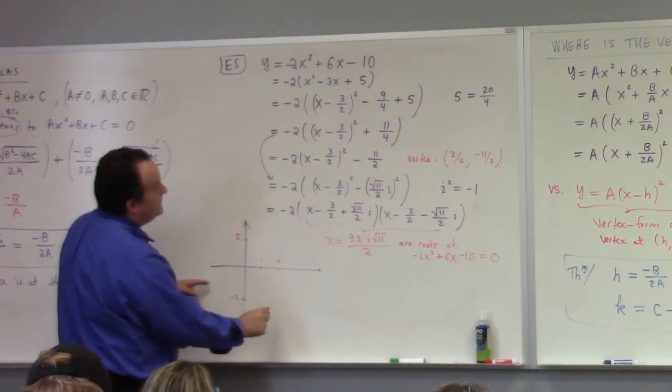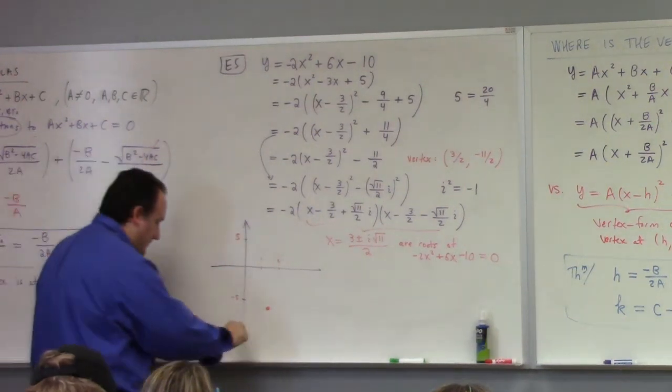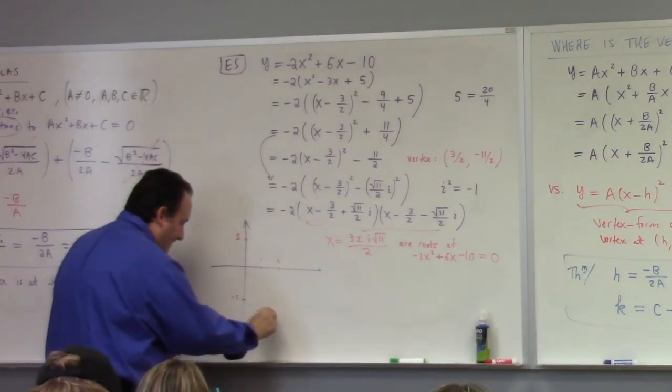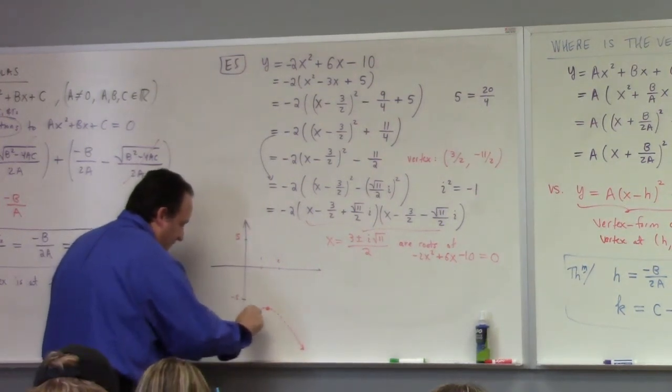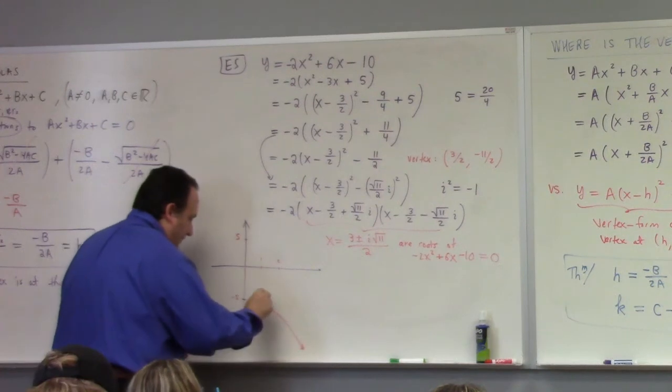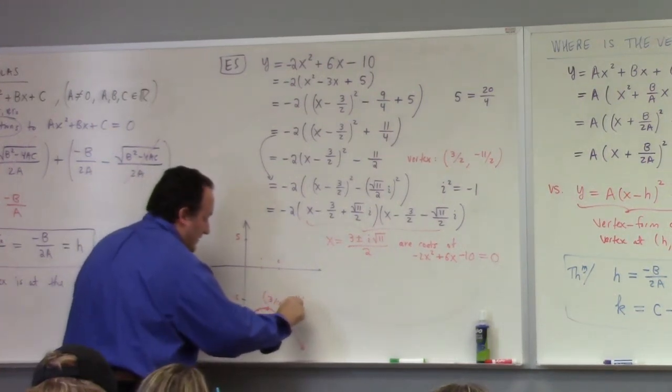That's your vertex, right? And what's it do? It's opening down, right? So the picture is something like, so here's the graph. That vertex again is 3/2, minus 11/2.